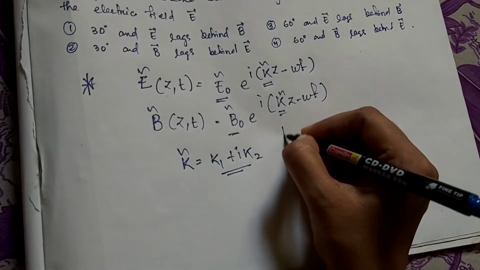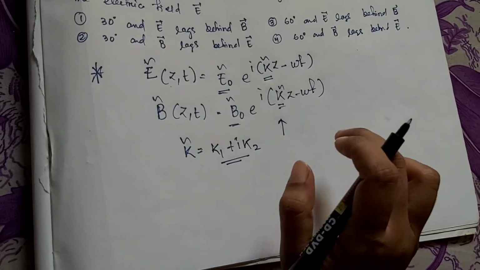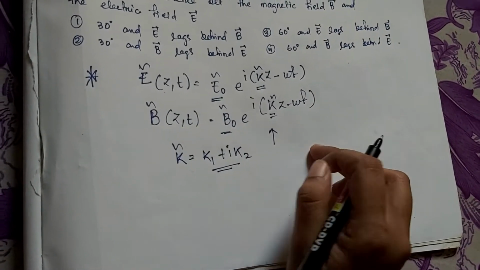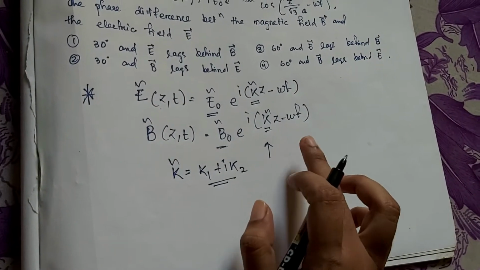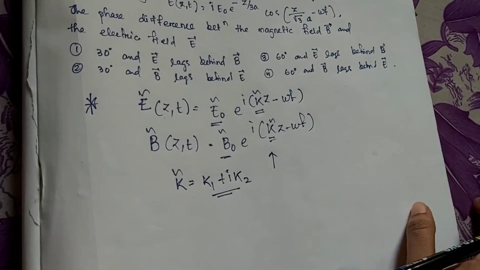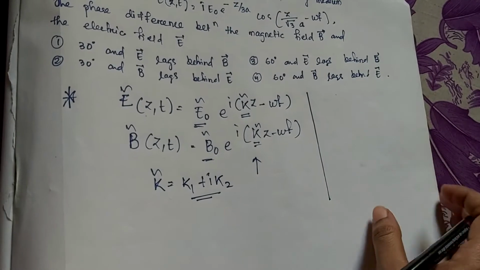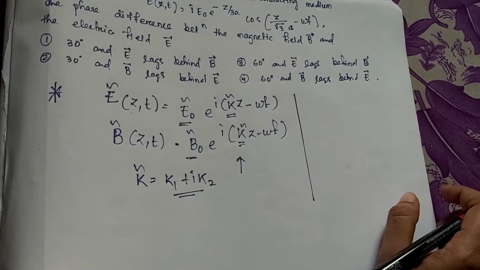The imaginary part of the complex wave vector results in an attenuation of the wave, or a decrease in the amplitude. You can refer to the video on our channel on the propagation of electromagnetic waves in a conducting medium, where I have already discussed this elaborately.